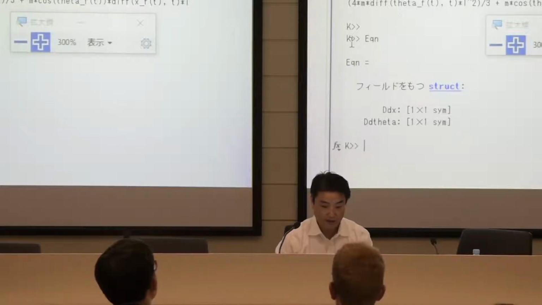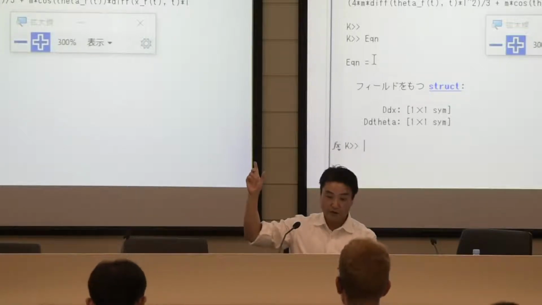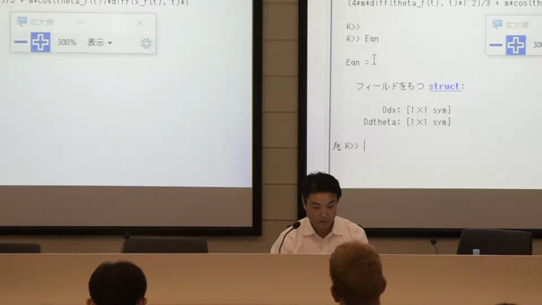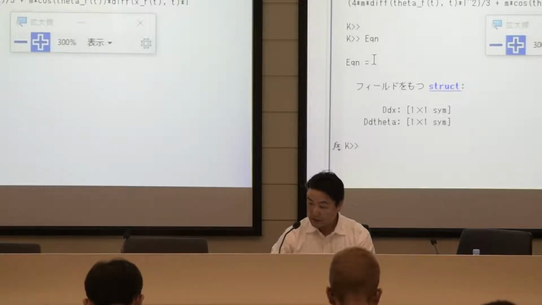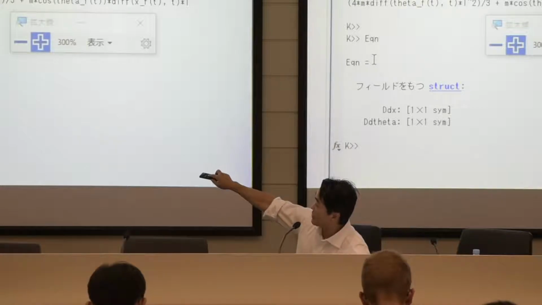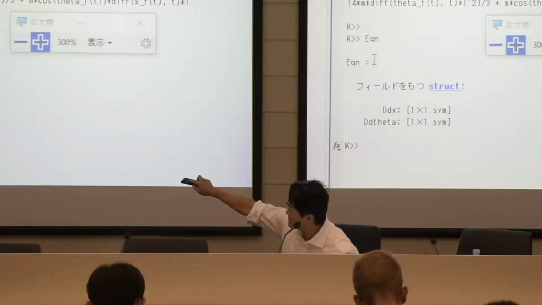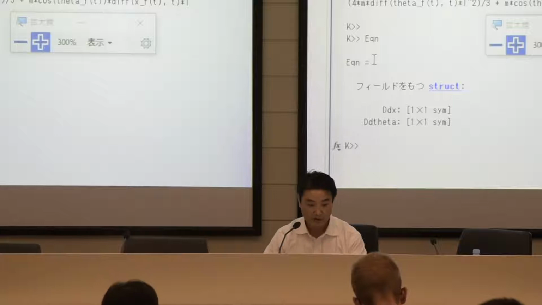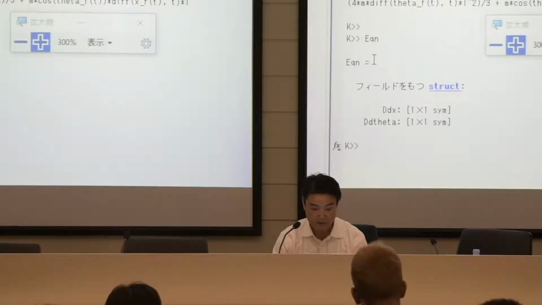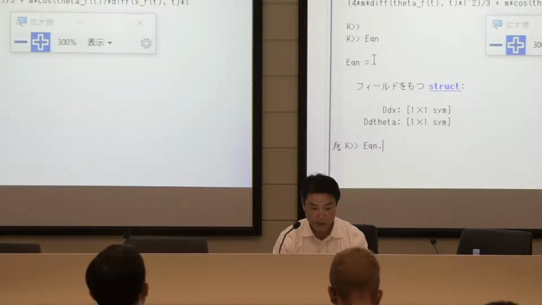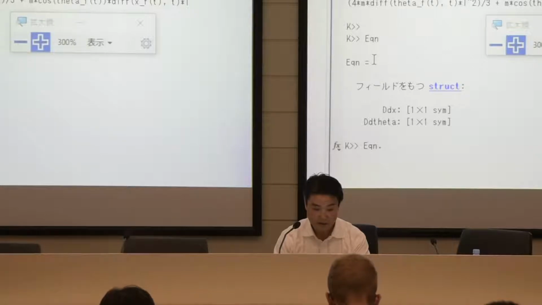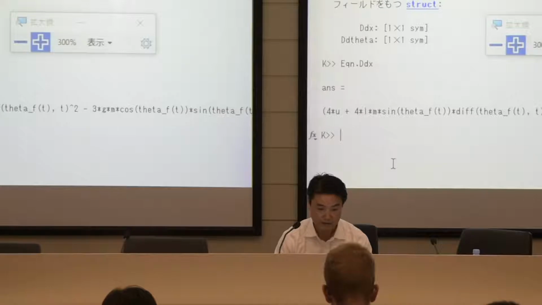This EQN is a sort of structure, showing the ddx part and the d theta part. If you want to look at the inside, put a comma and the dx. Then this is the inside.